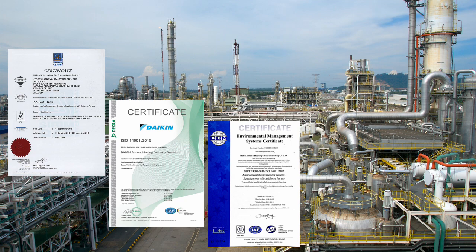Just to recap, what are the differences between EMS and ISO 14001? EMS is basically a system or framework that a company uses to manage its environmental responsibility. It is like an internal process within your company, to manage your operations in an environmentally friendly way.